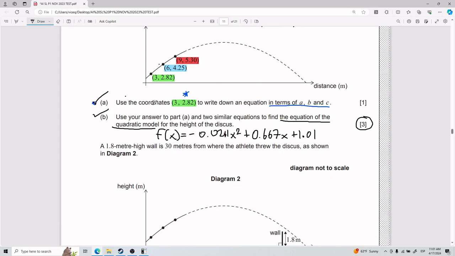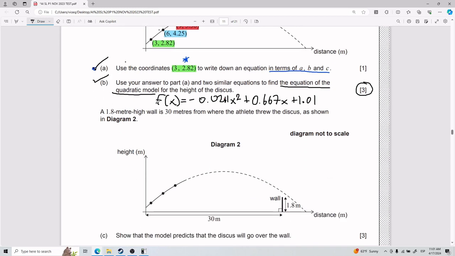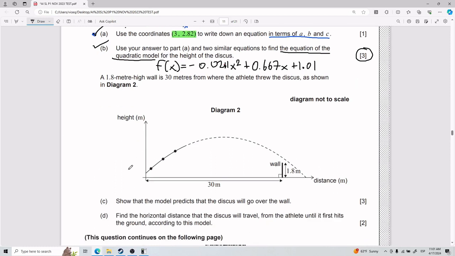A little bit long, but a procedure that is always the same. And so in that sense, this exercise is a little bit friendly, all right? Anyways, that is for part B. Then they tell you that a 1.8 meter high wall is 30 meters from where the athlete threw the discus, as shown in diagram 2.